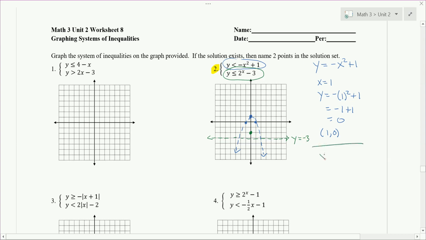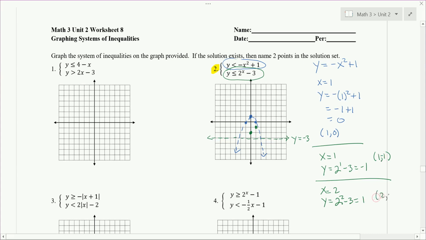And find a couple more points this goes through. If we plug in x equals 1, we get 2 to the power of 1 minus 3, which is negative 1. So the point 1, negative 1 I will plot. If I plug in x equals 2, 2 to the power of 2 minus 3 is going to be positive 1.